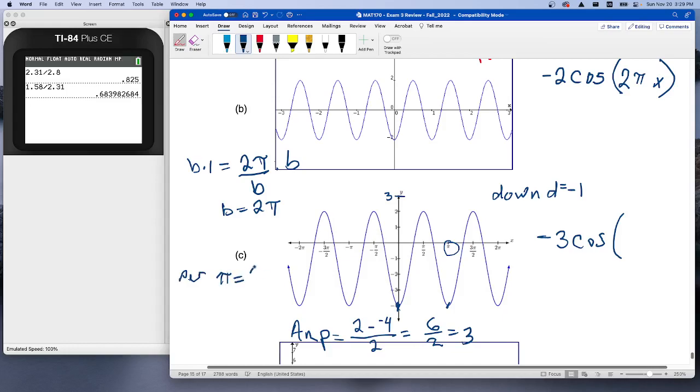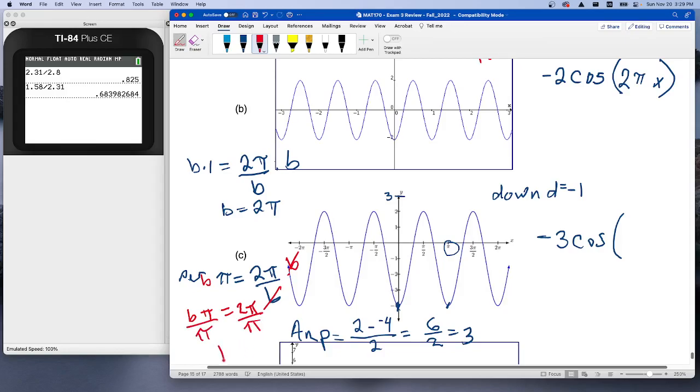So pi is equal to 2 pi over b. Multiply both sides by b, and then divide by pi. So we get b over pi equals 2 pi, and then divide both sides by pi.